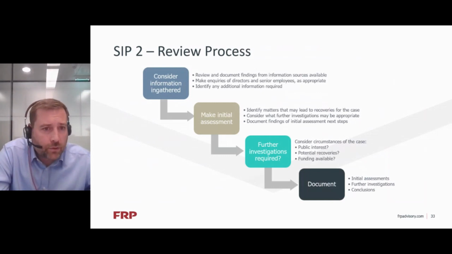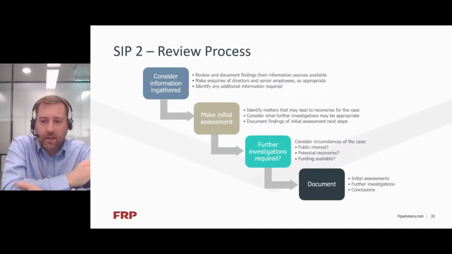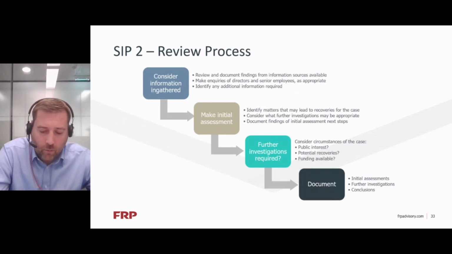That leads to an initial assessment. Are there matters that may lead to recoveries to the case, and that may lead to conduct issues? What further investigations may we need to take? And we fully document the findings of the initial assessment and the next steps that need to be taken.